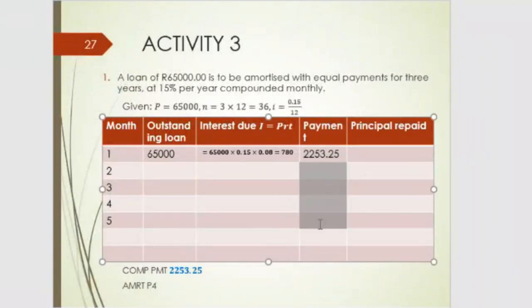Copy and paste. So to calculate the principal amount paid is going to be this 2253.25 minus that 780, which is going to give us what? I'm getting 1,4.